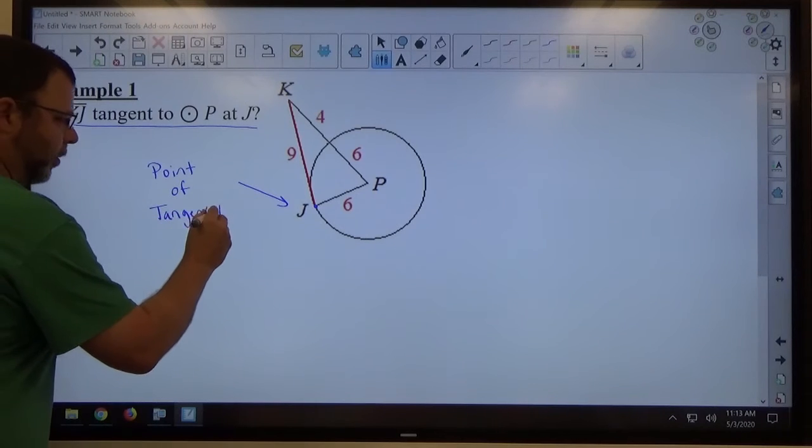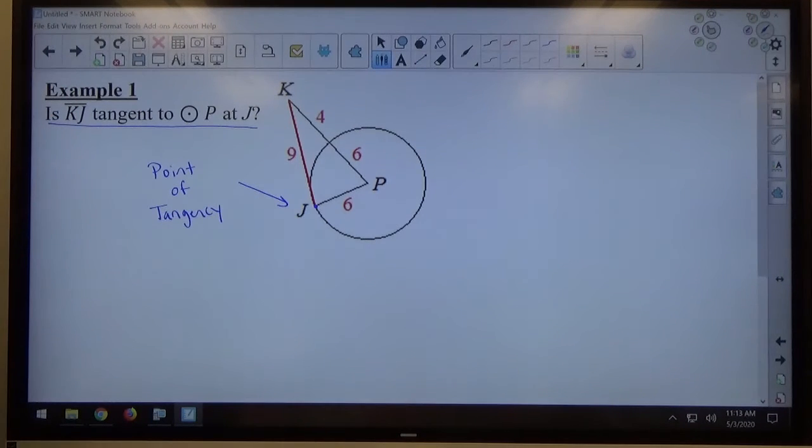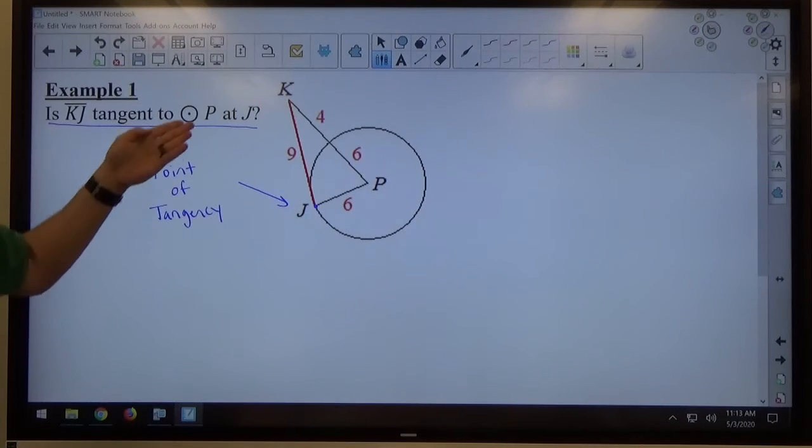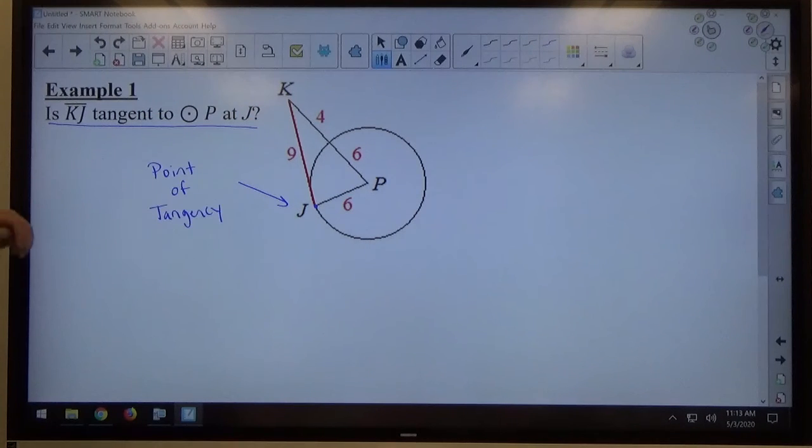In case I use these words to describe things, a tangent would be a line or segment that intersects a circle at one point. The point the tangent intersects the circle at is called the point of tangency.